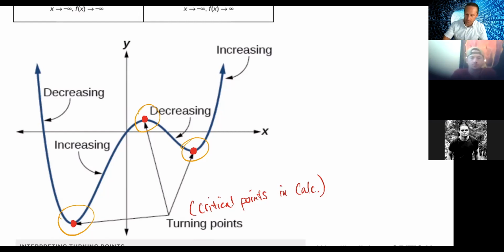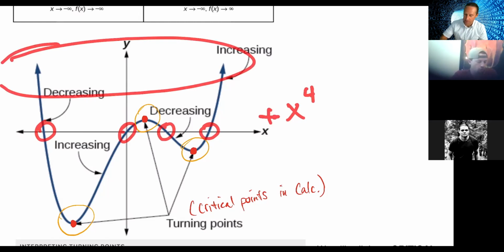There are 4: 1, 2, 3, 4. Which means, do we have any multiplicities? No. Good. But remember, it could be higher than 4. All we know is that it's even and positive at the beginning. There could be more than 4.